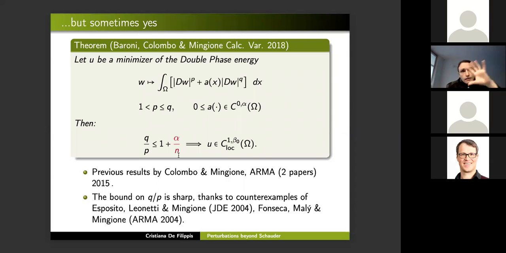Therefore, in the idea of freezing and comparing, which are the two most important moments when dealing with Schauder estimates in the linear and in the non-linear setting, the problematic behavior of the double phase can be seen at the level of comparing, and this in some sense shows this delicate interaction between the growth exponents P and Q and the Hölder exponent of A, which in some sense is telling you that the blow up of the non-local ellipticity ratio is slowing down.